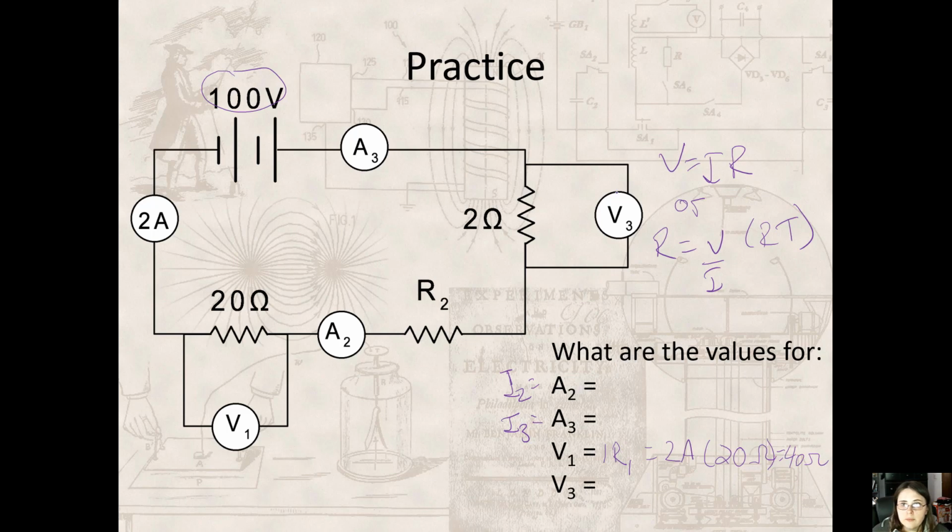And then V3 here is I times R3, and that's going to be 2 amps times 2 ohms, which is 4 volts. Then we want to look at the current. The current is going to be 2 amps and 2 amps because current doesn't change in a series circuit.